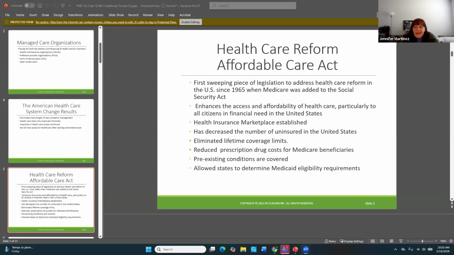And so it did decrease the number of uninsured in the United States. We still have plenty of people that are not insured, but it did decrease the amount of those. What else? It also established a health insurance marketplace. I don't know if anybody has ever looked at the marketplace before, but the marketplace is a resource where either you as an individual or a family, even small businesses, learn about their different options that are available.